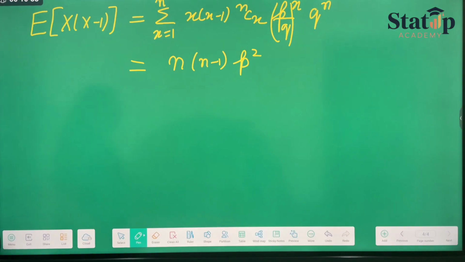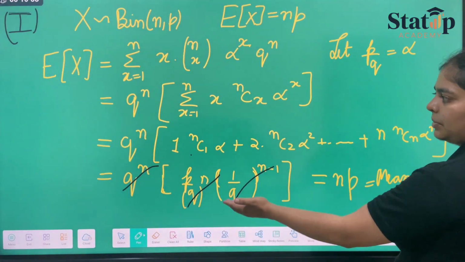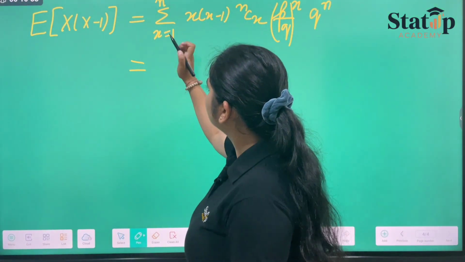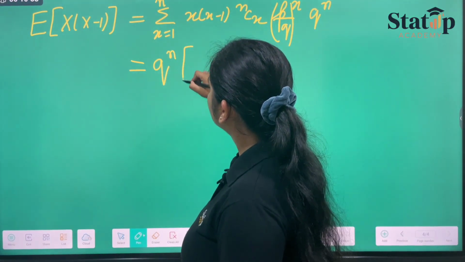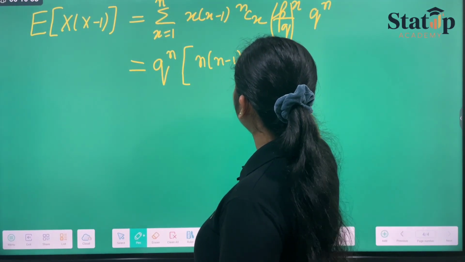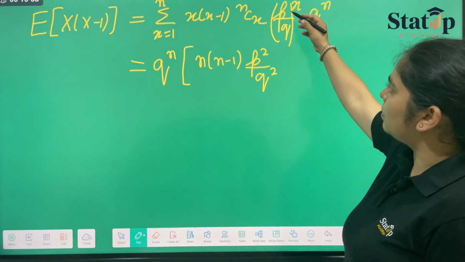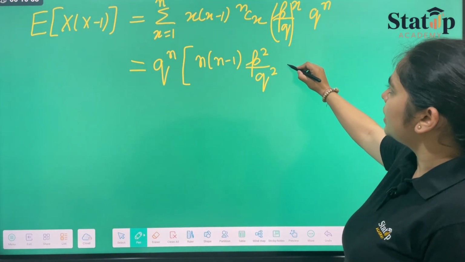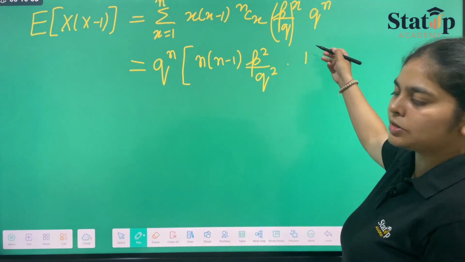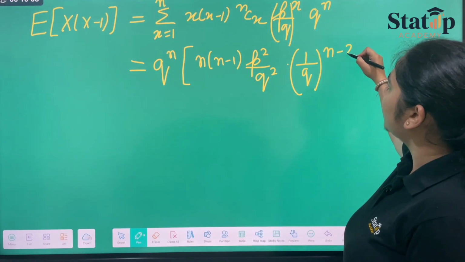Okay, in the summation term we'll be adding these terms. The final summation will be q raised to the power n outside, n into n minus 1, p square upon q square, which will be p upon q raised to the power x, into 1 upon q, which will be p plus q, which will convert to 1 upon q raised to the power n minus 2.